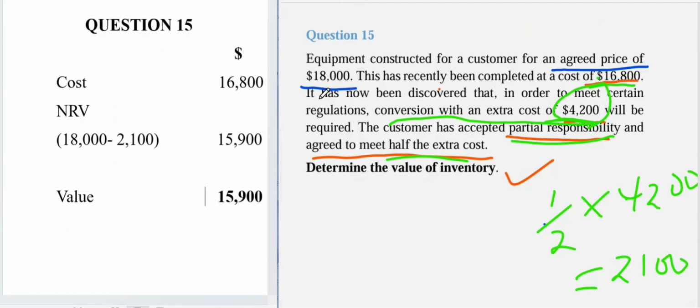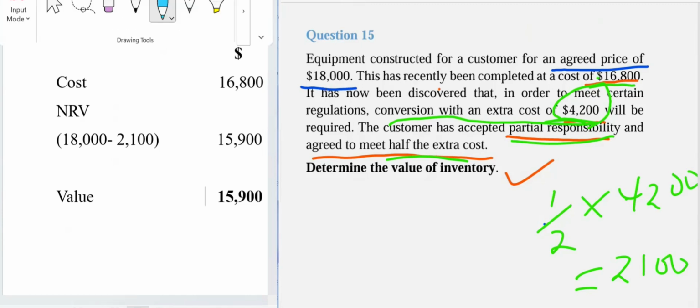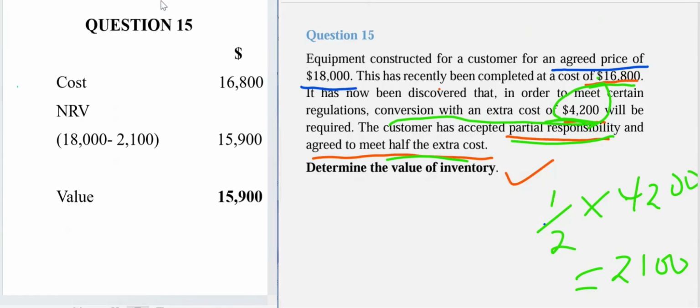So let me use this to explain the write down small. We've talked about inventory write down. In this question, you realize that there's a write down, because we said there's inventory write down when the cost is greater than the NRV. And it is true. Look at the cost, 16,800. NRV is what? 15,900.